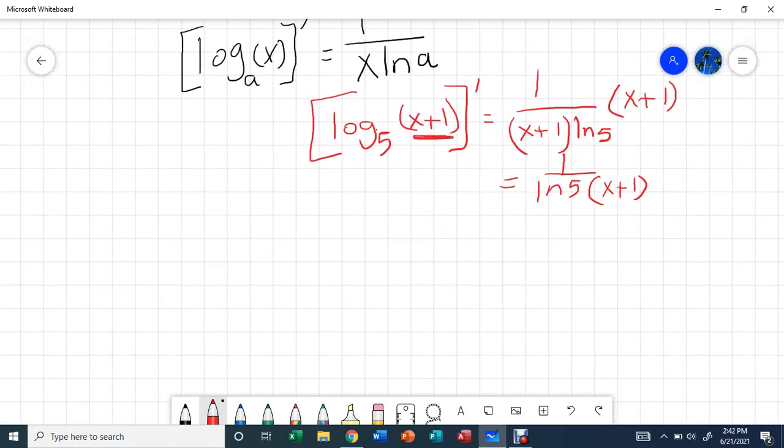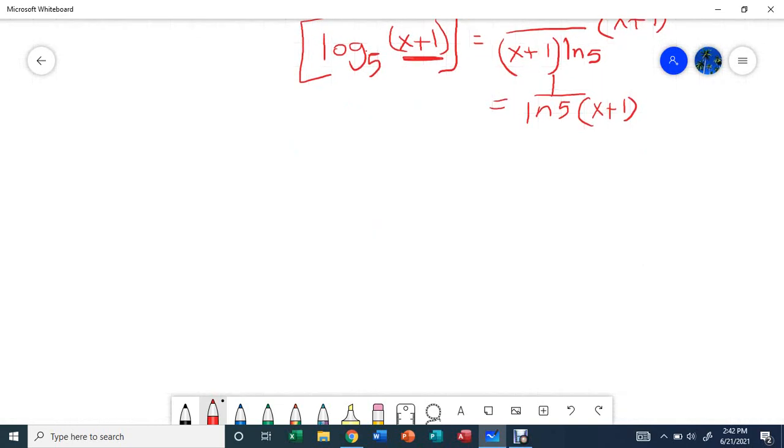Well, before we go to another example, let's find out what's the derivative of natural log. So using the same rule, the derivative of natural log of x. The base here is e.